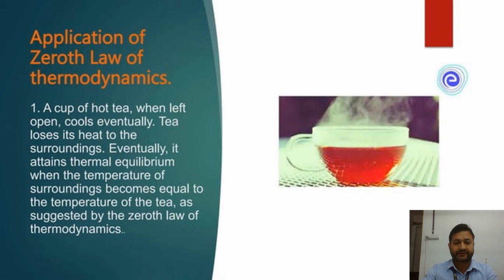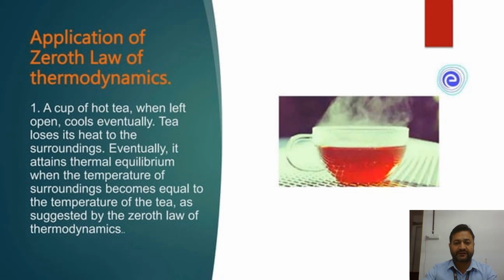this is your typical example where a hot cup of tea is left in the surrounding. Now what is going to happen in this case is that this hot cup of tea, whose temperature is higher, is going to lose its heat to the surrounding. In the reverse process, your surrounding, which is at a lower temperature, is going to gain heat from this hot tea.